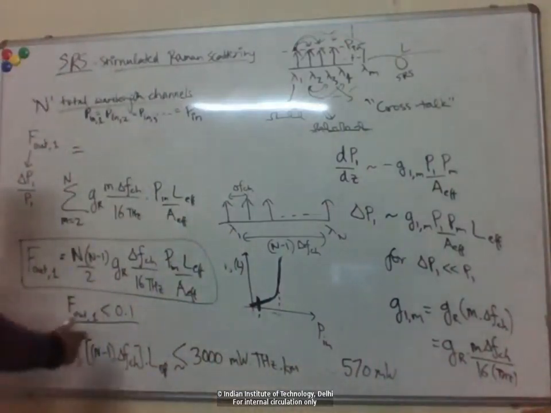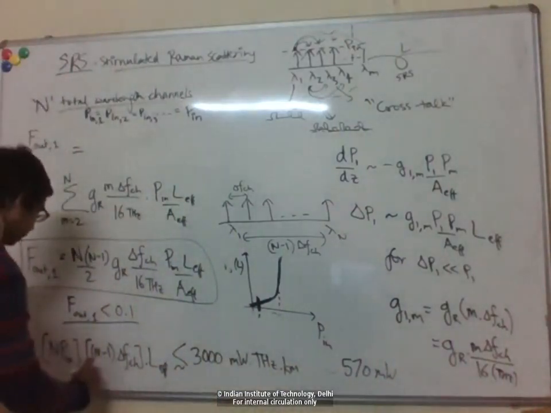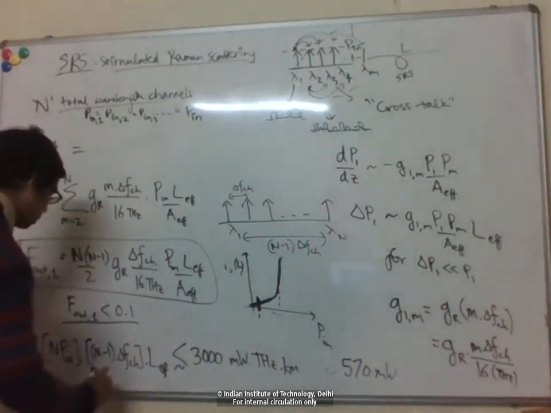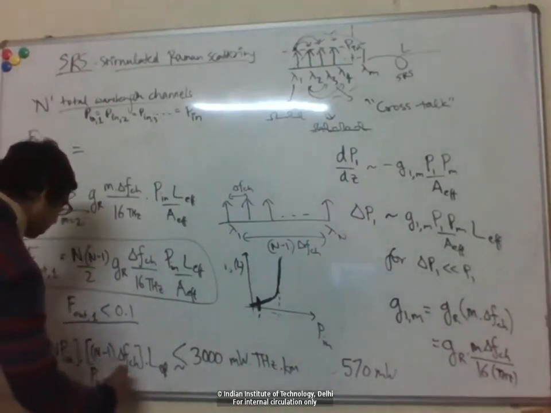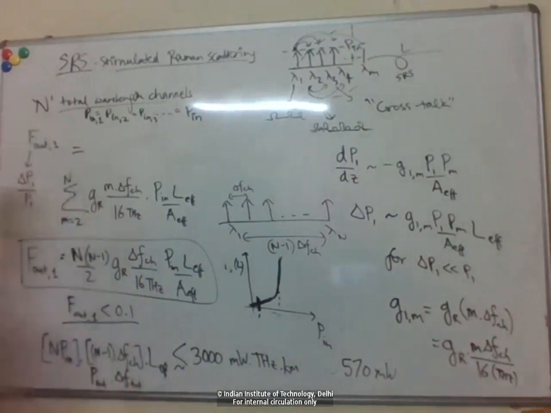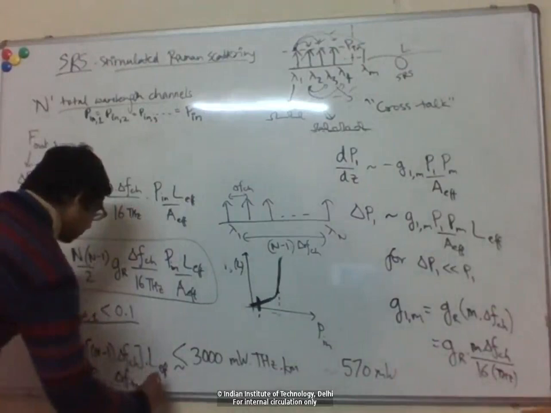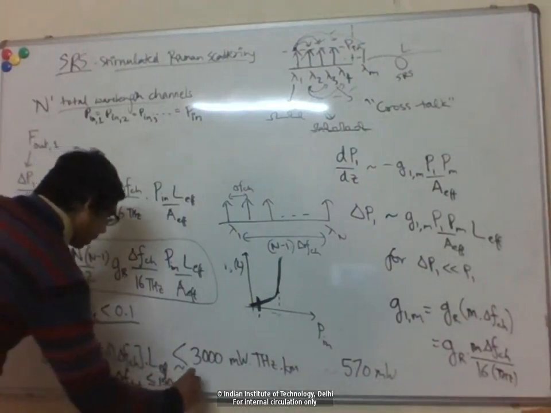Right. So I can equivalently write the condition as the total power, so the power per channel times the number of channels times the total bandwidth that I'm using has to be less than 150 milliwatt terahertz.